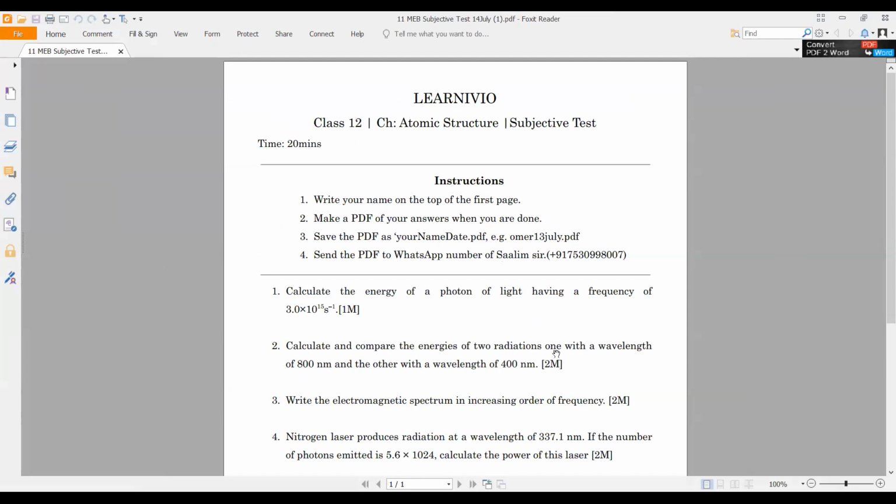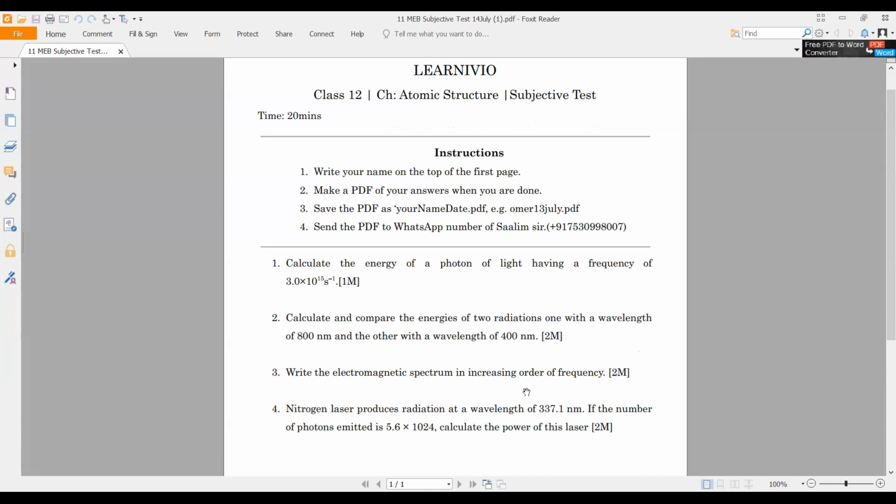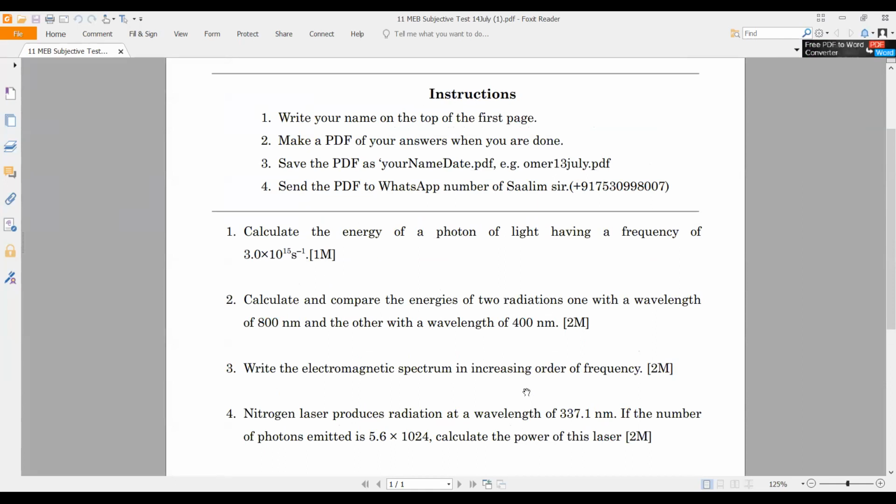It's a paper of 2, 2, 3, 6 and one of 7 marks. Could you zoom this a bit? Are you on phone or laptop? Laptop. Okay.